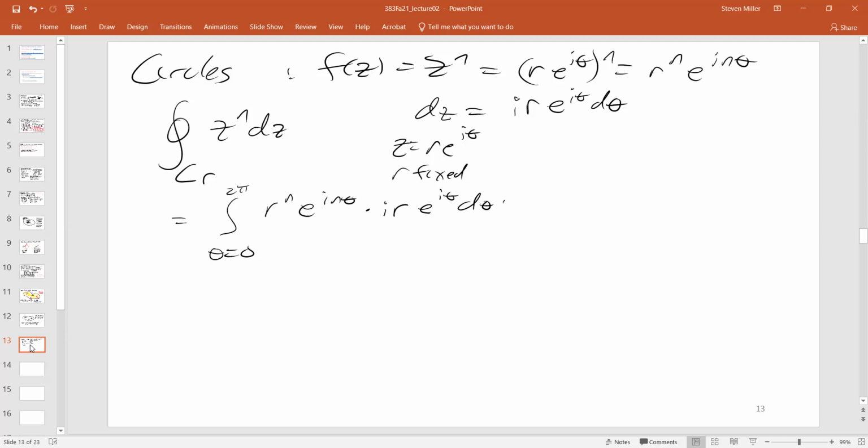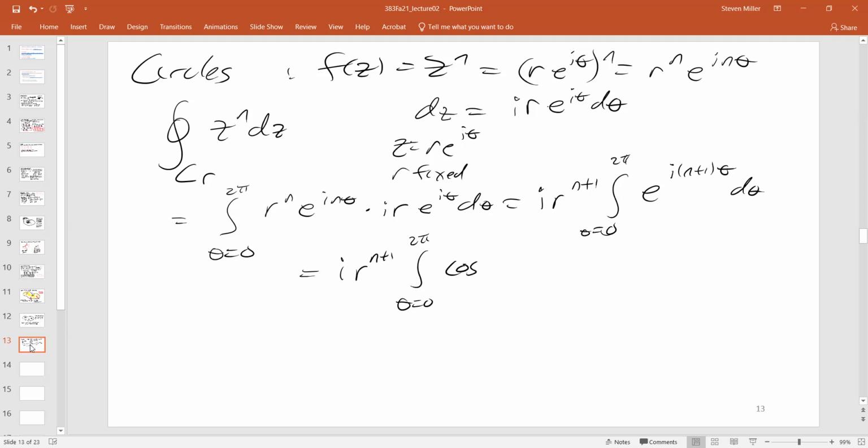Yeah, take out the constants. So we can take out an i, we can take out an r to the n plus 1, and we have an integral from theta equals 0 to 2 pi of e to the i (n plus 1) theta d theta. And if you want, that's i r to the n plus 1, integral theta goes from 0 to 2 pi of cosine (n plus 1) theta plus i sine of (n plus 1) theta.